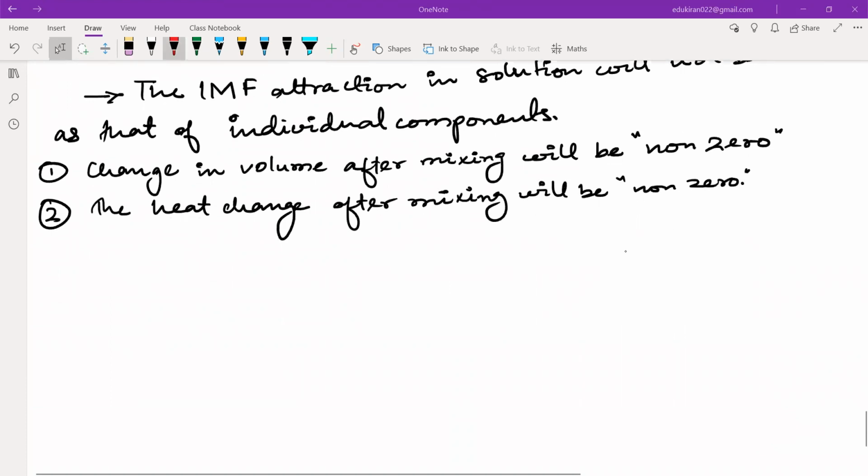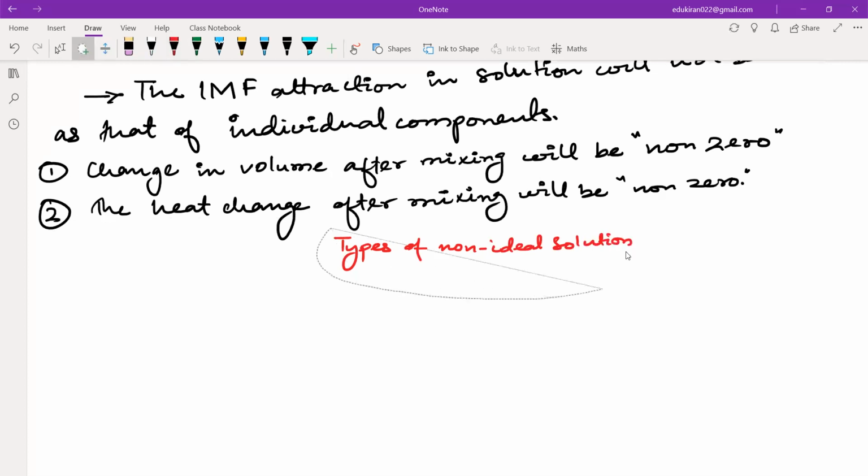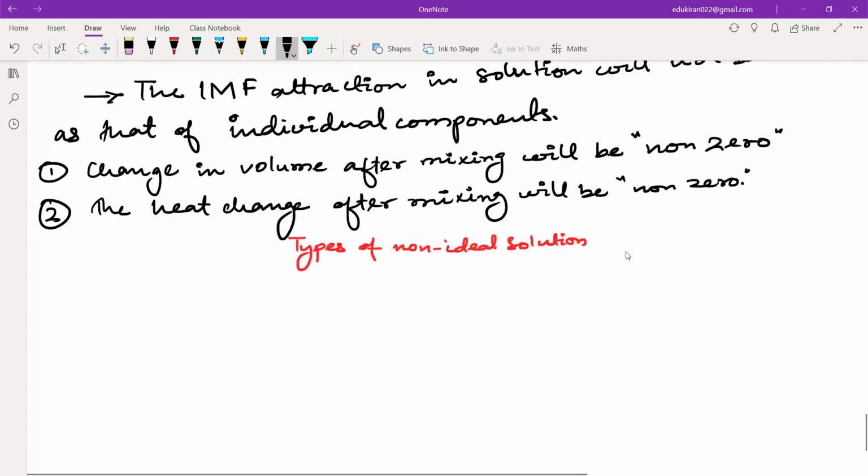Write the topic. Types of non-ideal solution. Now please don't write this yet, okay?